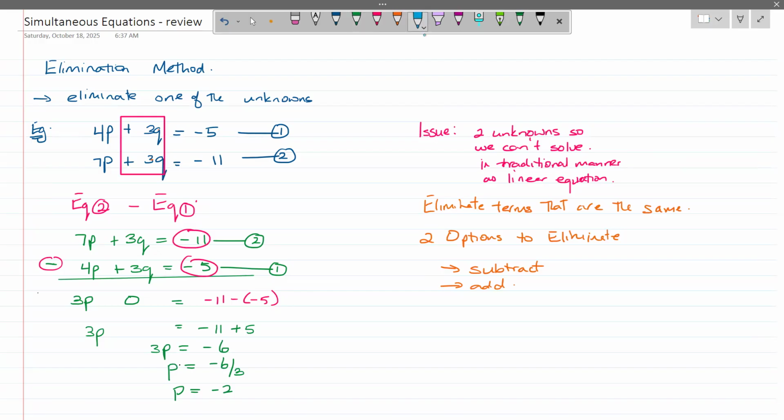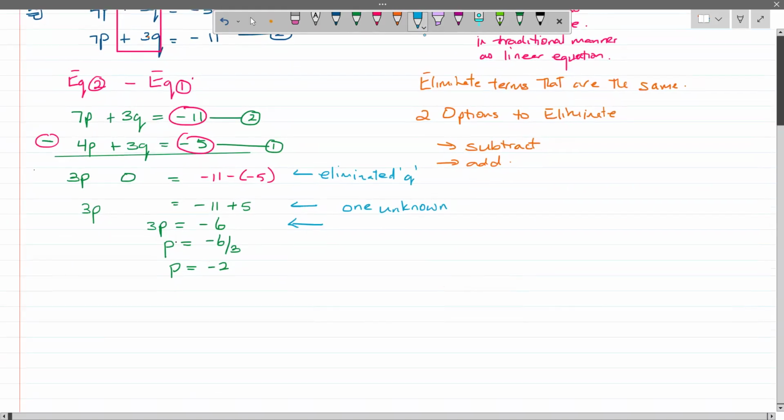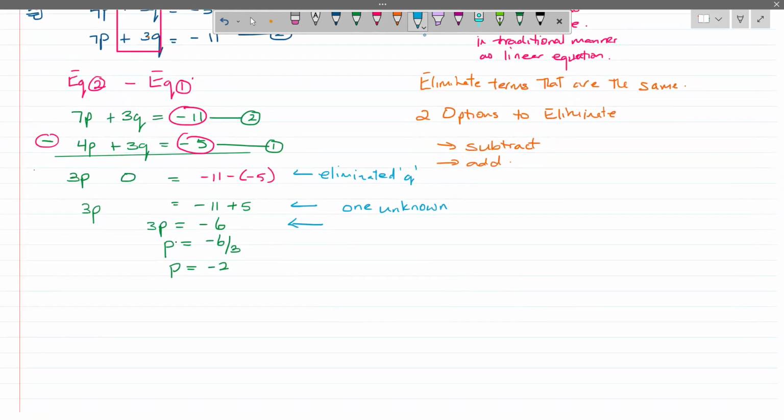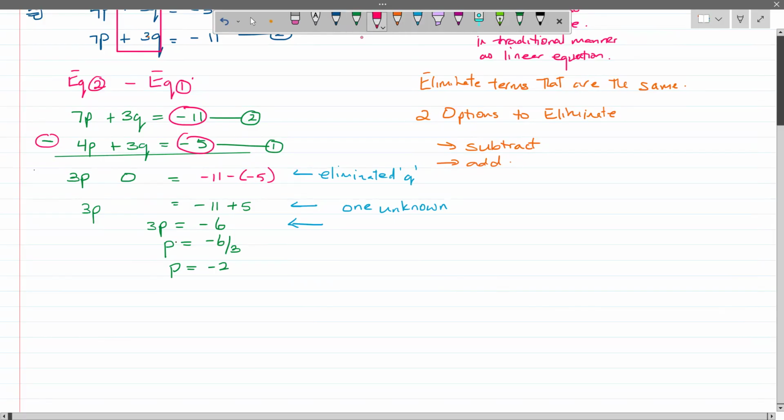At this point, there's one unknown value, because here we eliminated q. Now, this is the part that most students have a little trouble with. This is the part where a lot of students have a little trouble with. After we get to this point here, we're saying that we work out P to be minus 2.